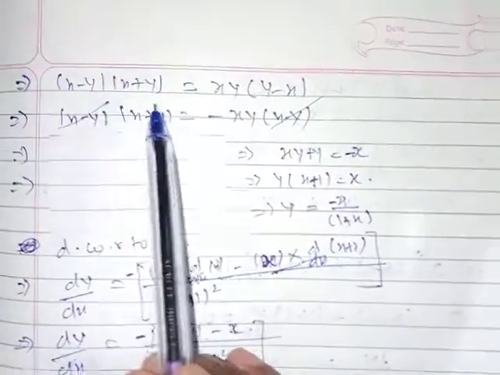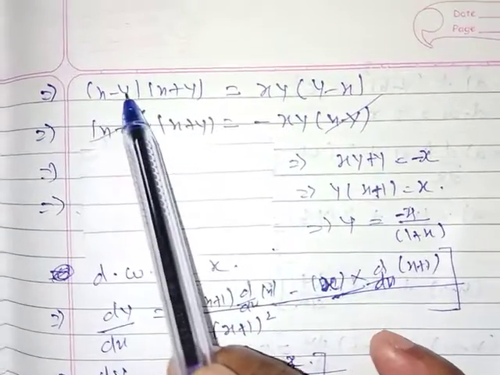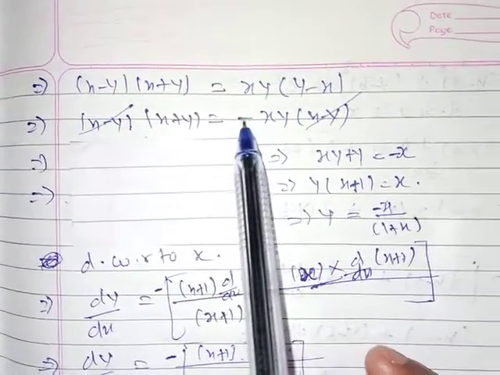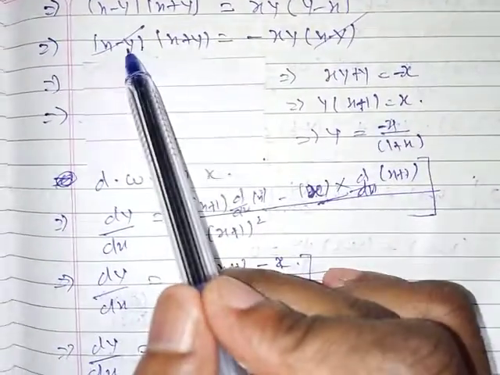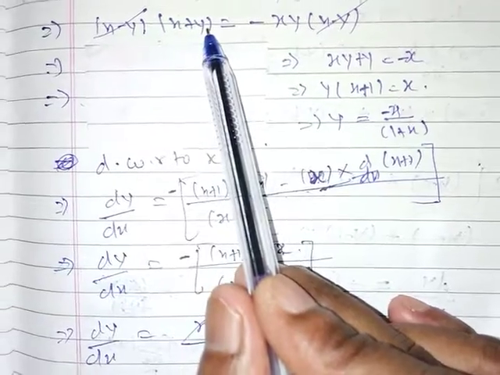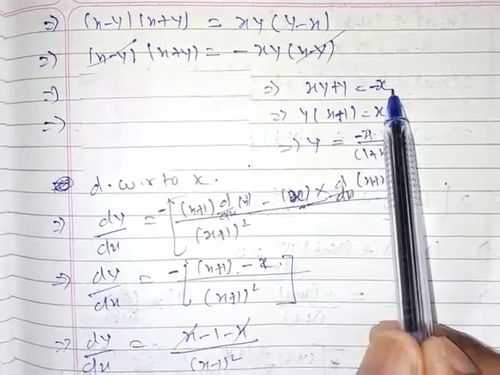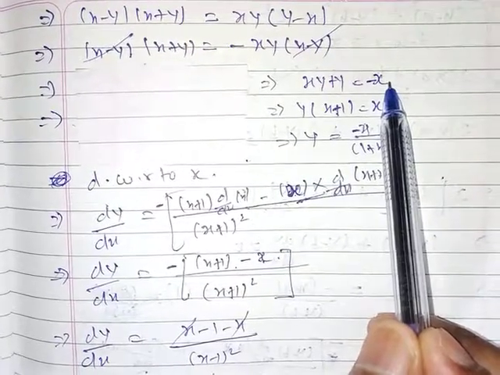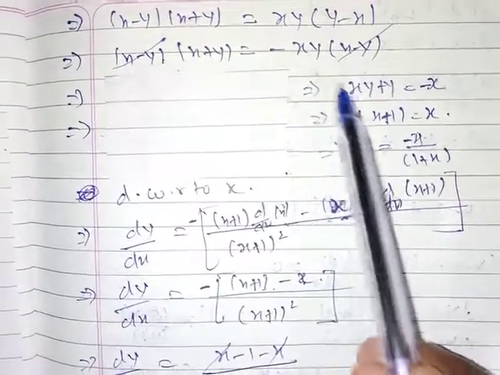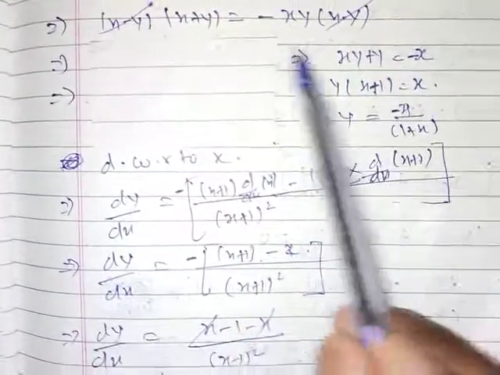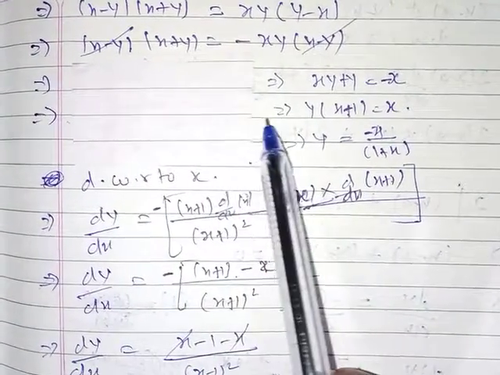Here y minus x and here x minus y, so you can invert by changing the sign. Then x minus y will cancel out, and you will get x plus y is equal to minus xy. Now open the bracket, bring xy on one side and x on the other side, with y taken common.